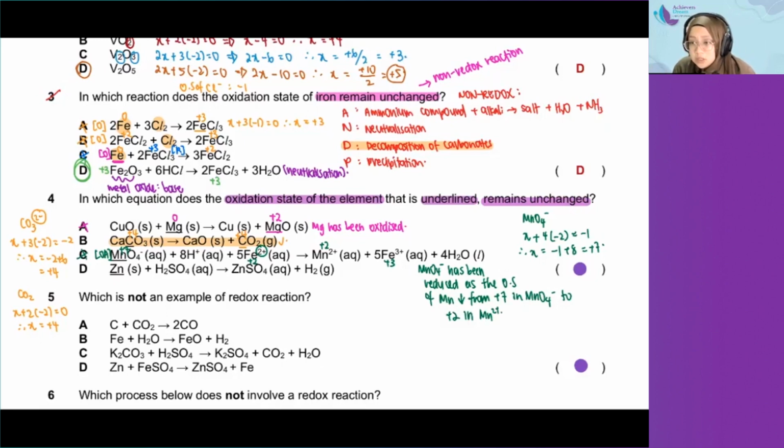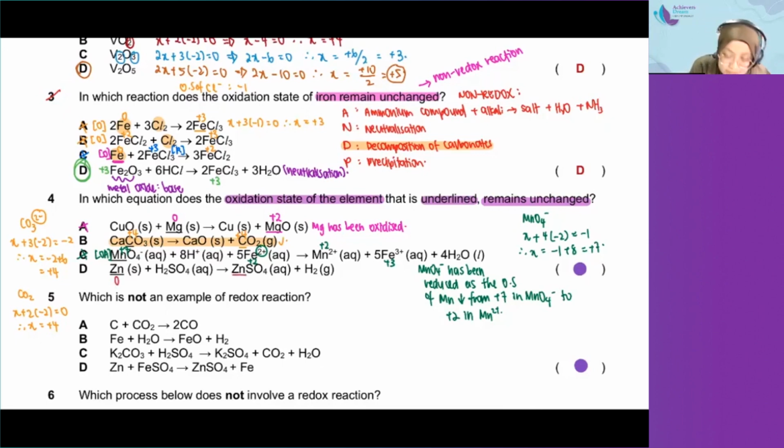But again, students must recognize MnO4- is the anion, the negative ion in potassium manganate(VII) or potassium permanganate, which is an oxidizing agent that students must memorize. Last but not least, option D. In option D, we have zinc metal, a free element with oxidation state 0, and zinc sulfate.